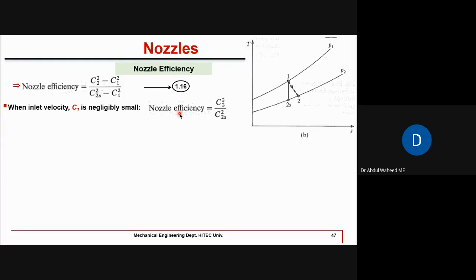So maybe you have already studied flow through pipes in fluid mechanics, or maybe you are studying it nowadays. Have you studied flow through pipes?